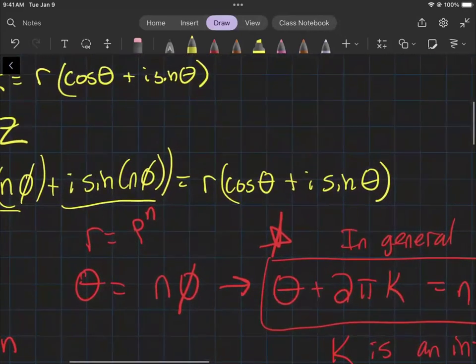Now we have this relationship: r is equal to rho to the n, and theta is equal to n times phi.